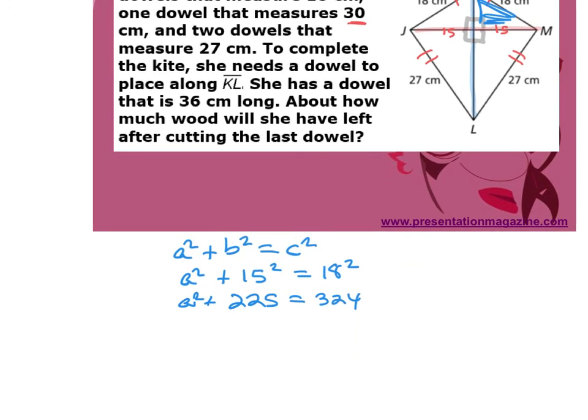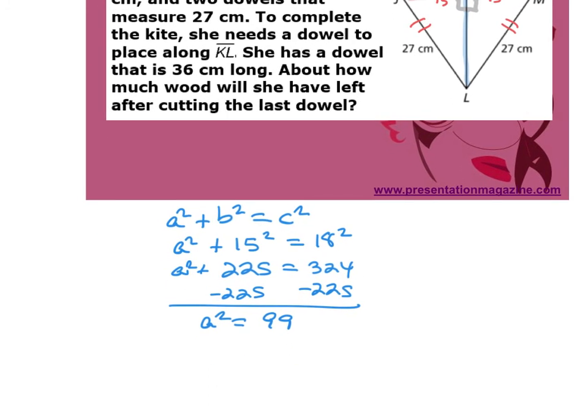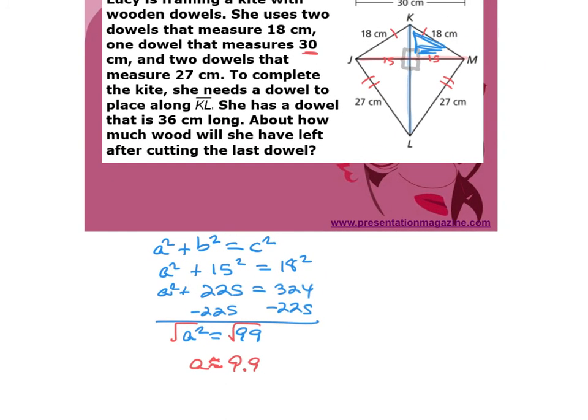Subtract 225. A squared equals 99. Since I'm trying to approximate this, I'm going to square root this. The square root of 99 is about 9.9. So this little piece of the kite is about 9.9 centimeters.